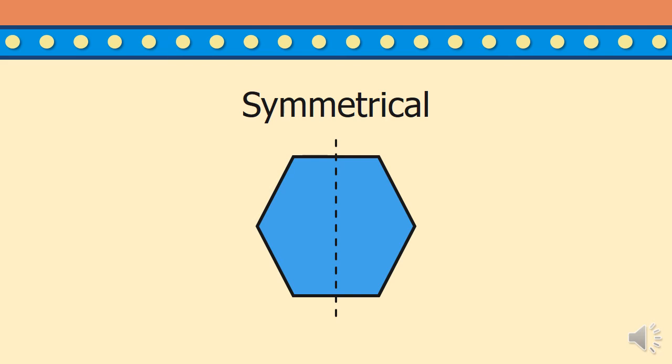This hexagon is symmetrical because if we could fold it in half, it would be exactly the same on both sides. Are there other ways that you could mark the line of symmetry on this hexagon? Sure. There are several ways in which you could do that. You could draw the line from one vertex to the opposite vertex, and that would work as well.